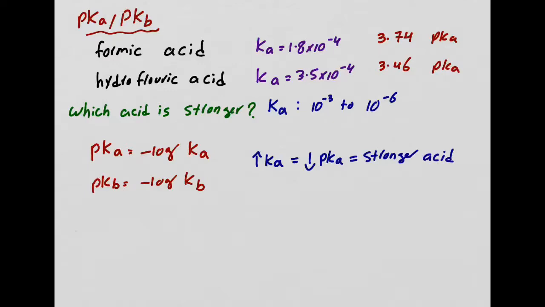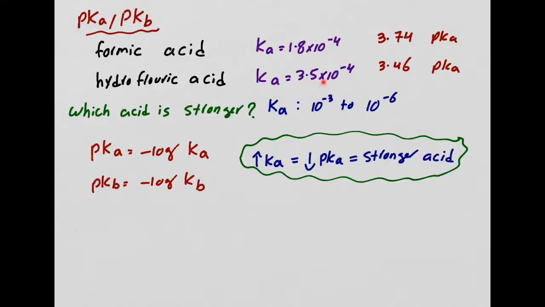So here is the take-home message. Larger the Ka value means a stronger acid. Lower the pKa value means a stronger acid. When I was comparing these two to figure out which one is my stronger acid, I would have to go with the one with the larger Ka, which is this one.